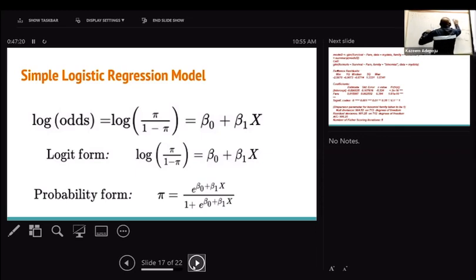In probability form, I can write pi, or I can say y cap, that's no problem, equals exponential raised to the power minus 0.896828 plus 0.015997 fare, divided by 1 plus that. Can you see that? This is in probability form.